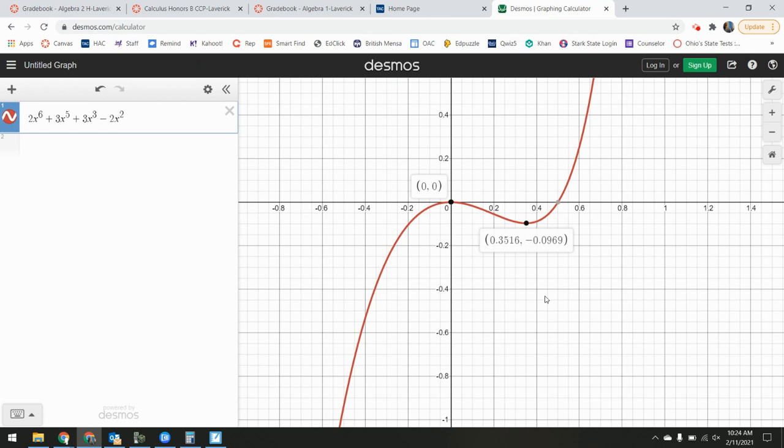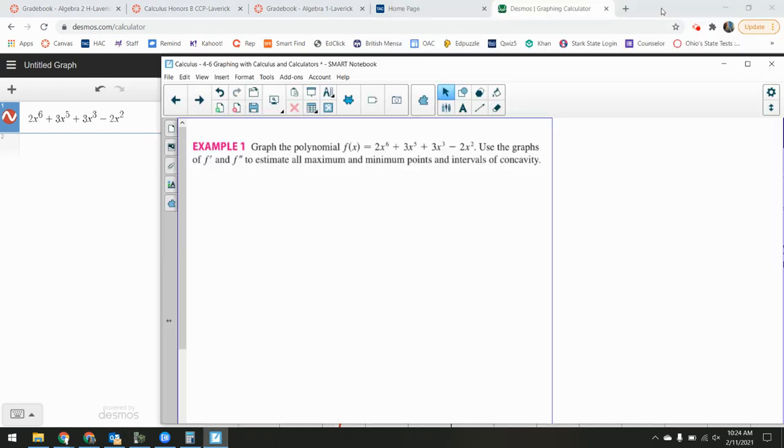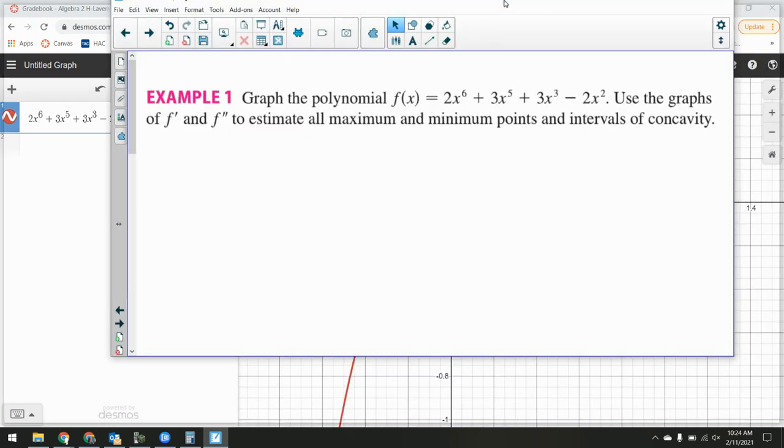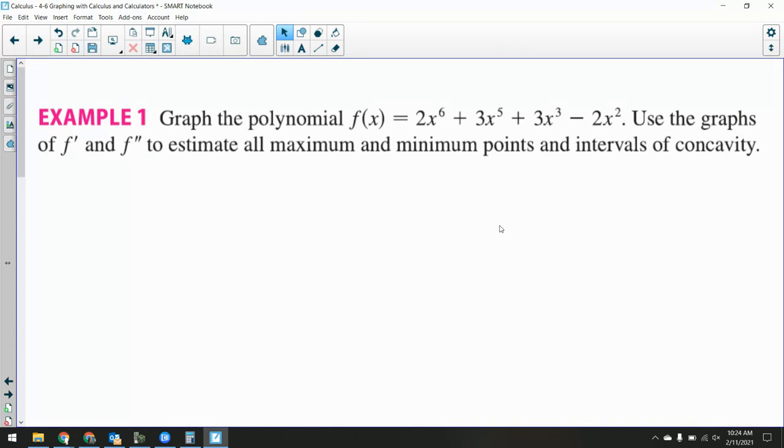What I see here is a local minimum value, a local maximum value, and then another local minimum value. I don't see any inflection points. But look at what I'm trying to identify: use the graphs to estimate all maximum and minimum points and the intervals of concavity.